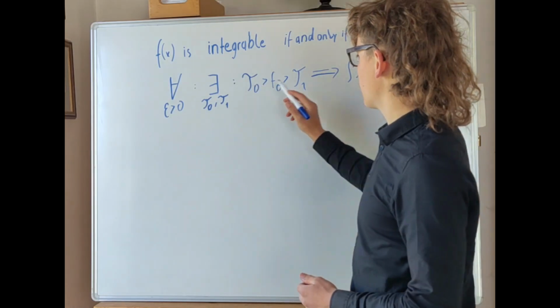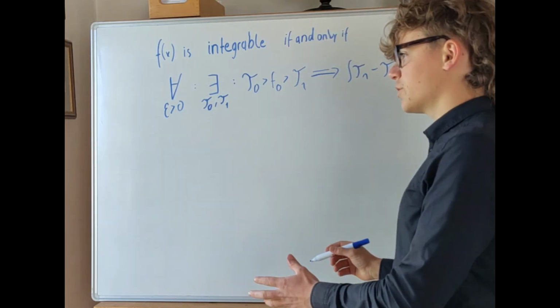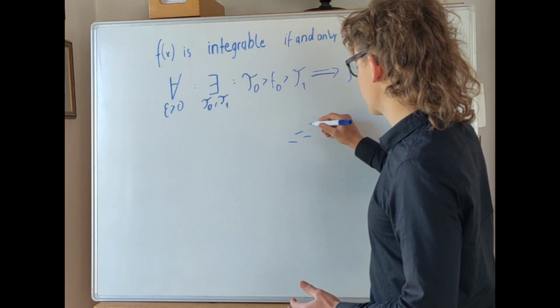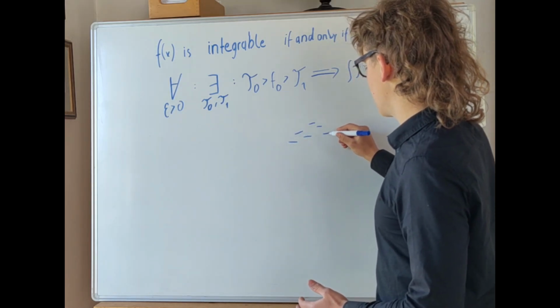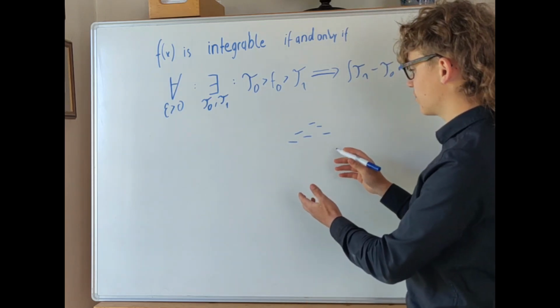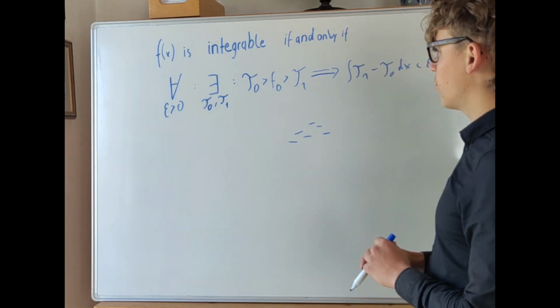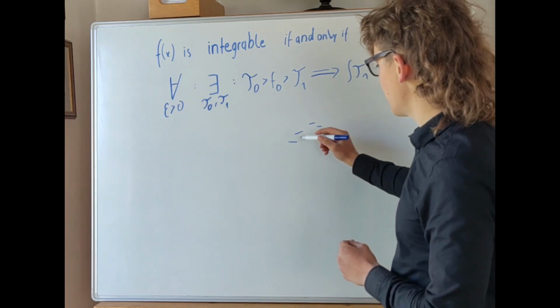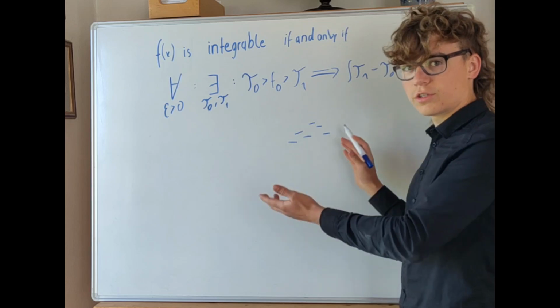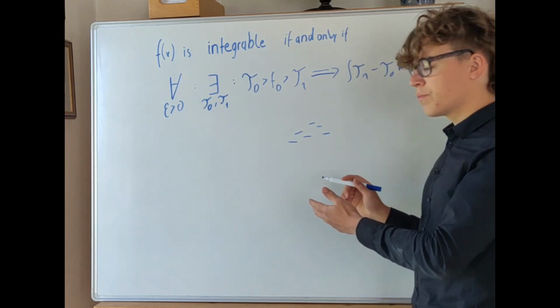So what are t1 and t0? These are functions that are called step functions. For example, if you just have a function that is constant in some intervals, we call this a step function. And for integration, we actually don't really care about what these bounds are, because we can always integrate them. They are constants.